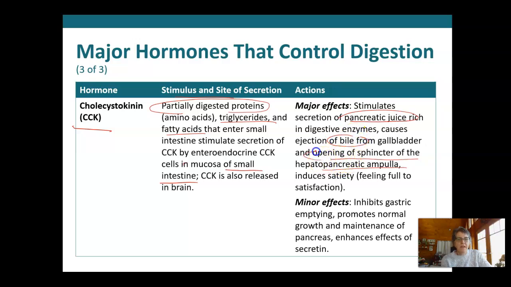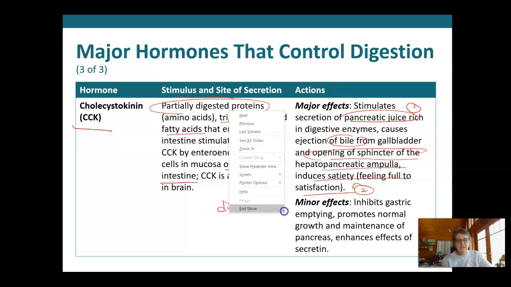So it's going to open up that sphincter to let it dump into the duodenum. And the other one is that this is the hormone that gives you the feeling of being full. So there's one, relaxes that sphincter. Two, I feel full.